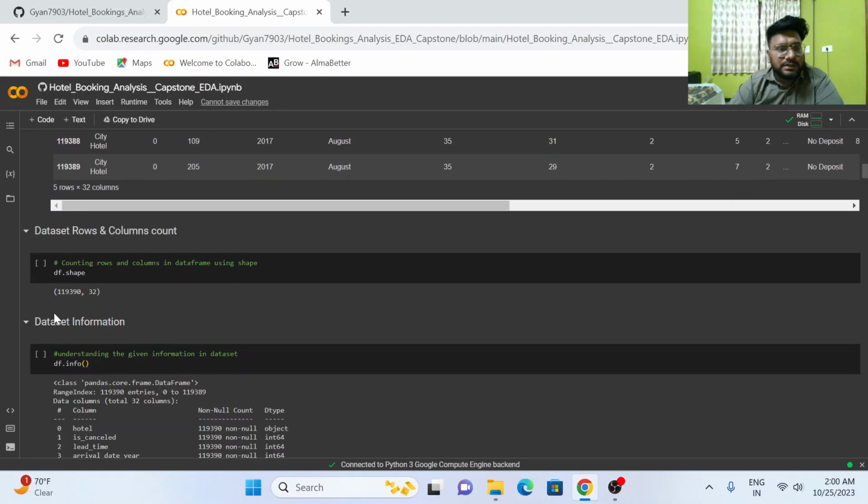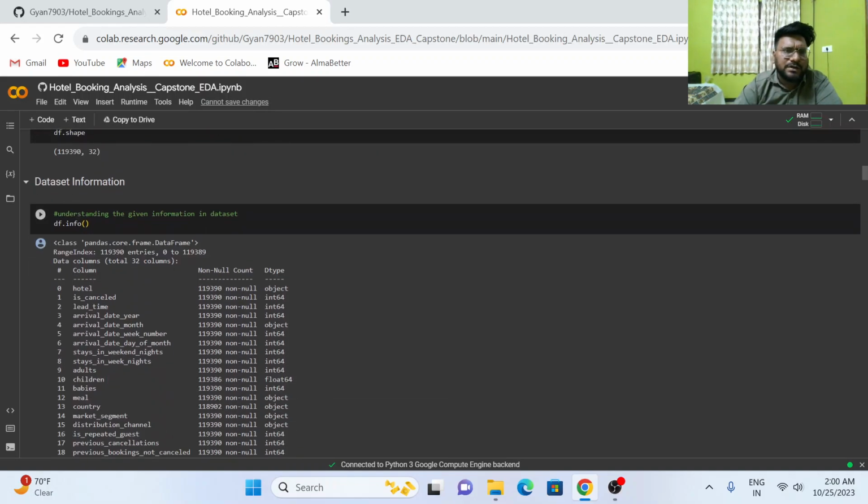Next will be the count of the rows and columns. So there are 119,390 rows and 32 columns. We got that using df.shape, and now let's look into the dataset information using df.info.